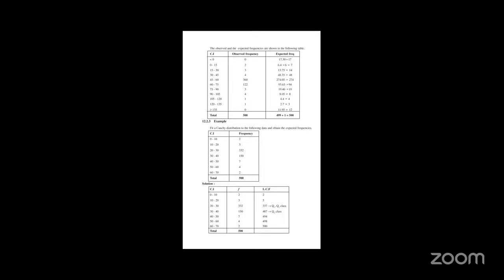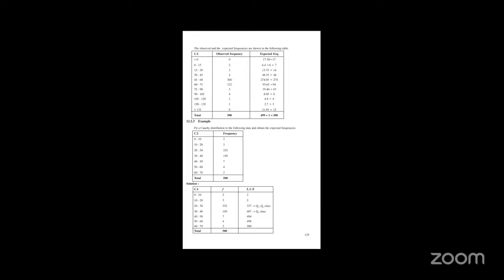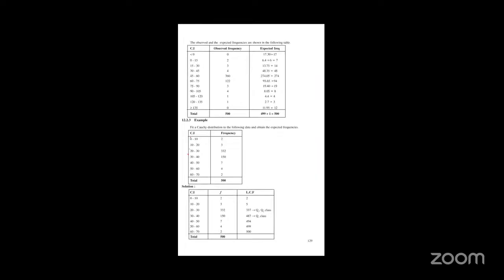So coming to the third example. Fit the Cauchy distribution to the following data and obtain the expected frequencies. What are the class intervals? 0 to 10, 10 to 20, 20 to 30, 30 to 40, 40 to 50, 50 to 60, and 60 to 70.